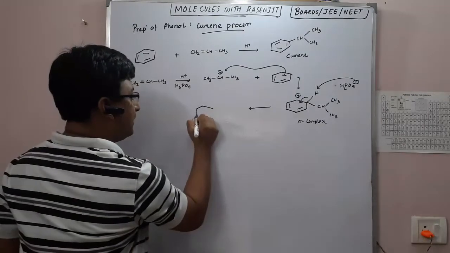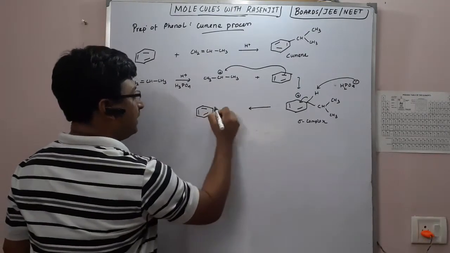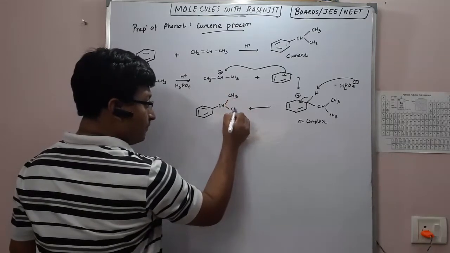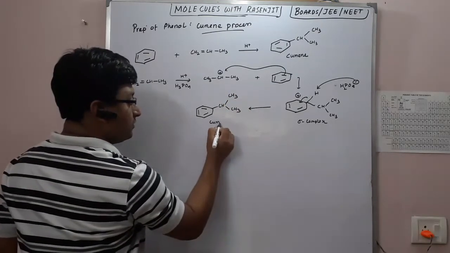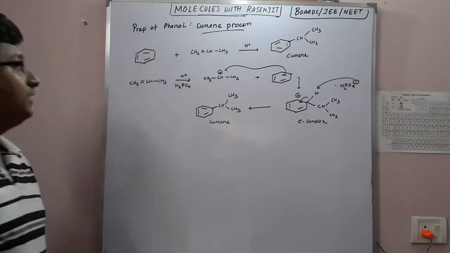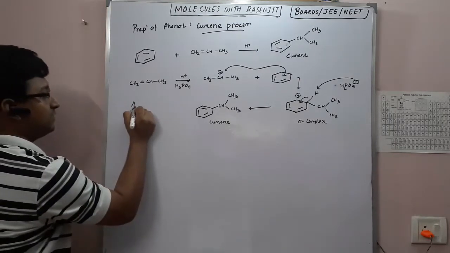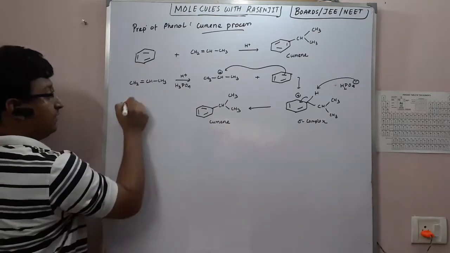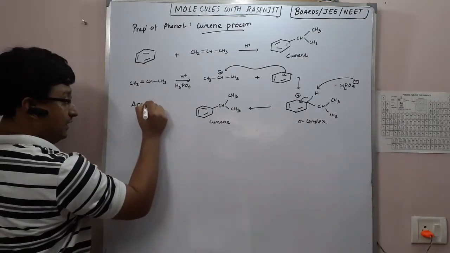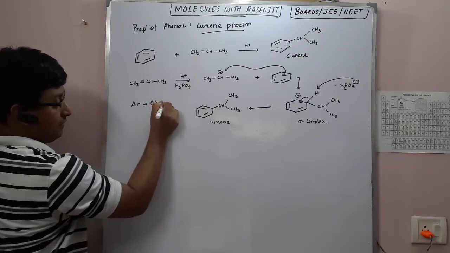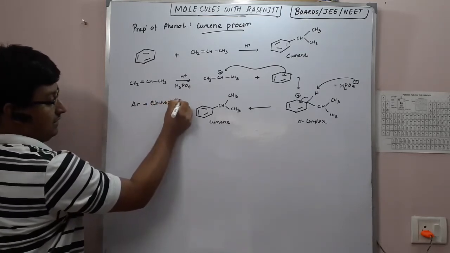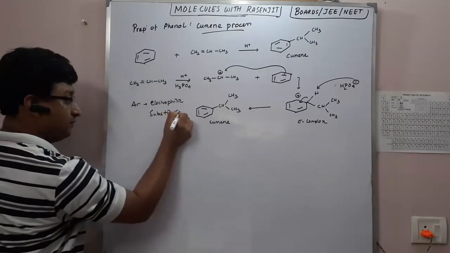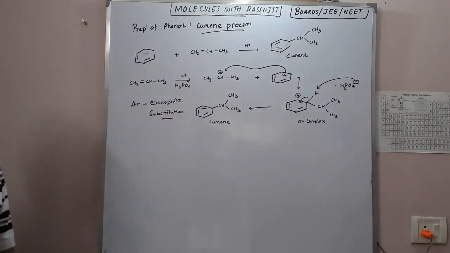So what is the product here? After the electrophilic substitution, you get the product cumene. This is a very simple aromatic electrophilic substitution.